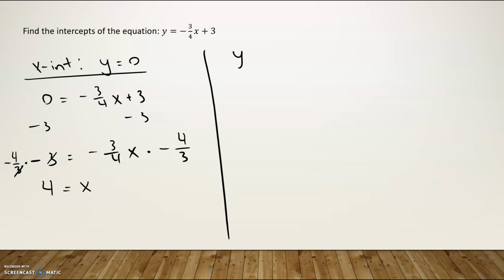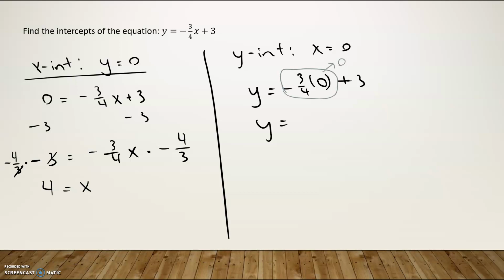And then we'll do the y-intercept, so that means x is 0. So y is equal to negative 3 fourths times 0 plus 3. Notice this entire term right here will go to 0 because anything times 0 is 0. So y is equal to 3. So if you wrote these as ordered pairs, this would be 4, 0, and over here would be 0, 3.